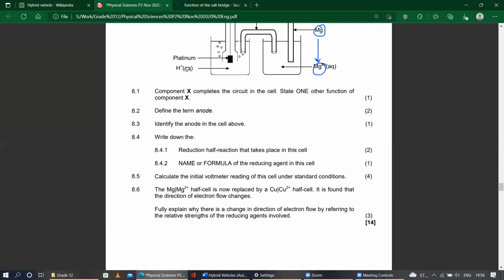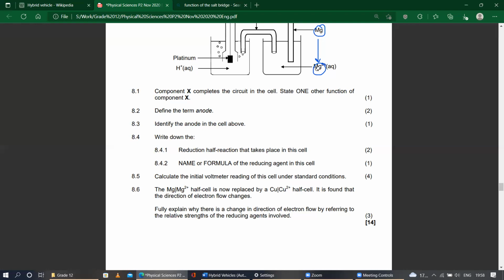Your reducing agent is the one that reduces the oxidizing agent. So the reducing agent is the one that loses electrons. These words are a bit scrambled, so you have to be careful with them, like oxidizing agent, reducing agent, reduction, oxidation.